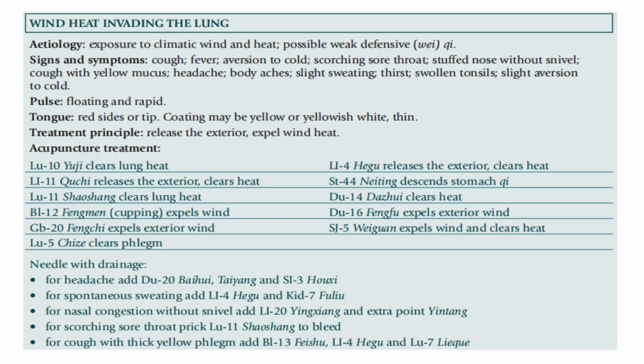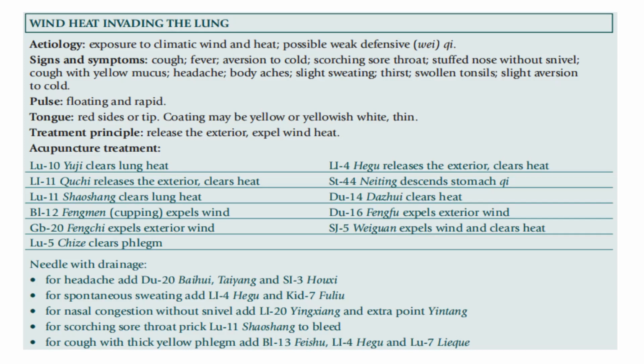For our acupuncture treatment, we can use Lung 10 to clear lung heat, LI11 to release the exterior and clear heat, Lung 11 to clear lung heat. We can do cupping on Bladder 12 to expel wind.